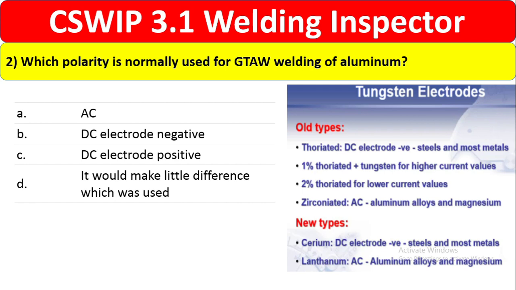DC electrode positive and DC electrode negative are for steel and steel alloys. Option D is the wrong answer. So the correct one is option A.